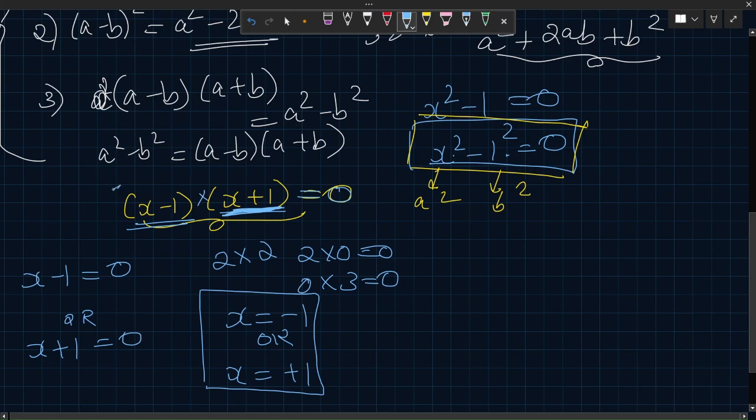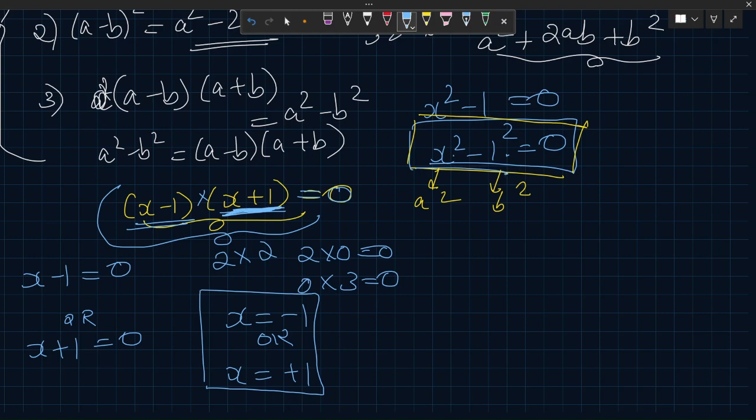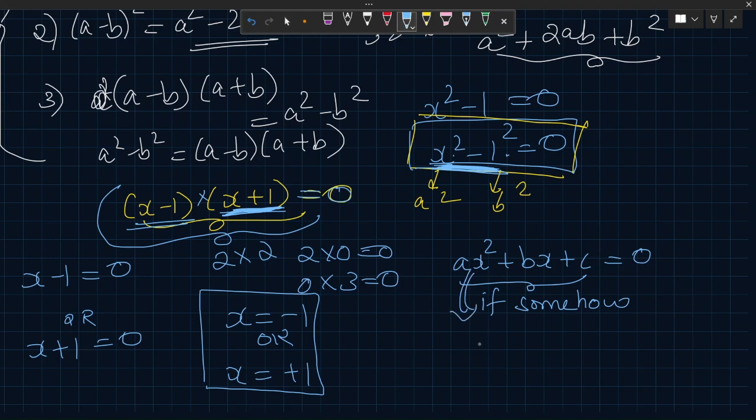So we have solved the quadratic equation. If a quadratic equation is in this form, it's really easy to solve. Now, if you think about it, if I have the equation ax squared plus bx plus c equals 0, now it might seem that I'm going to jump the gun a little bit, but pay attention. If somehow I was able to rewrite this expression as (x minus A) into (x minus some value capital B) is 0.